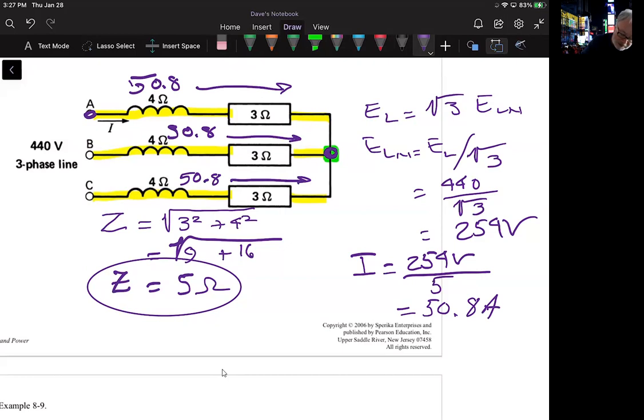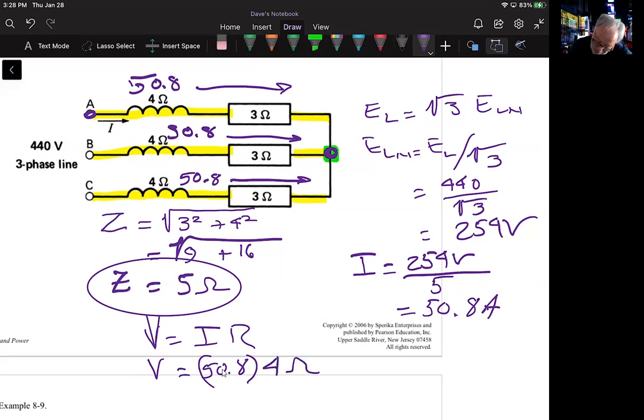Now, the next part of this says that I need to know the voltage across the inductor. Piece of cake, right? Voltage is equal to current times resistance. Voltage is equal to 50.8 times 4 ohms, right here.